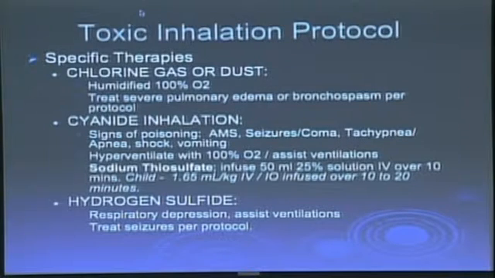Typical signs of cyanide poisoning would be altered mental status, seizures, and then coma, tachypnea, apnea, even though they have apparently an adequate oxygenation when you get oxygen on them. Shock, some vomiting. Now, if you walk into an industry and they happen to be using cyanide gases or cyanide salts, well, then you have an idea there might be cyanide present.